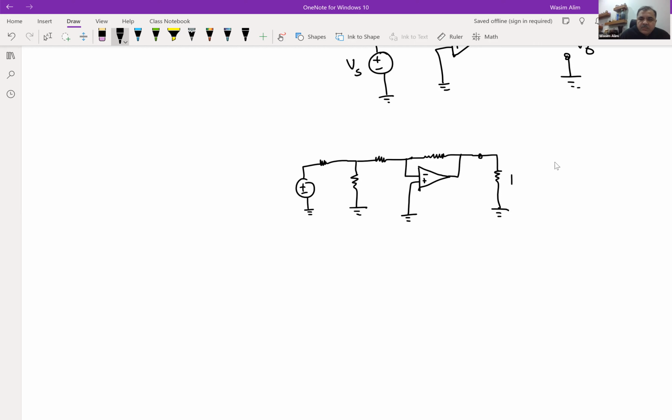Okay, so there's some resistor RL here, and then we can say that this is my output voltage.